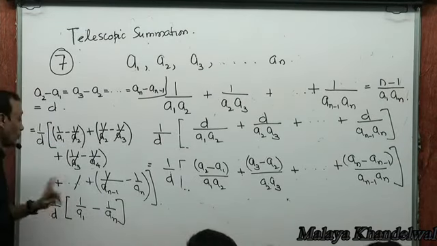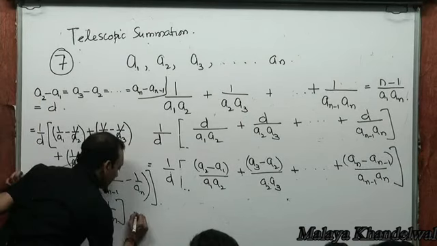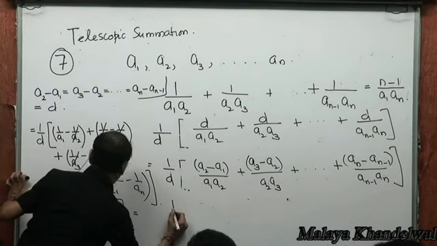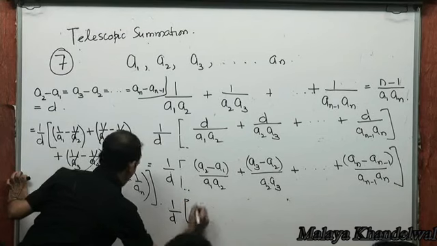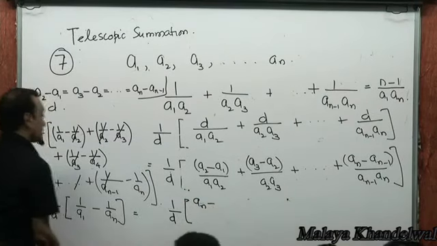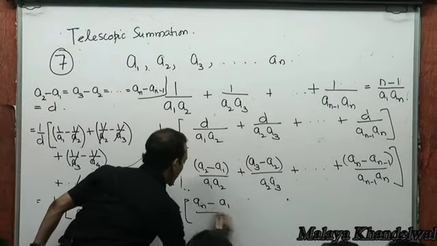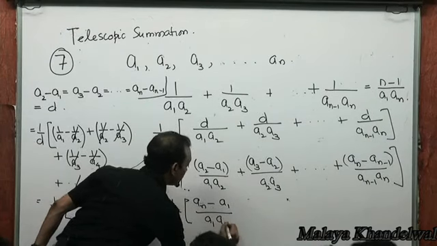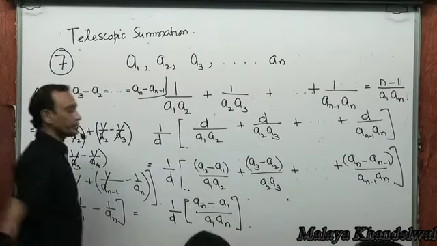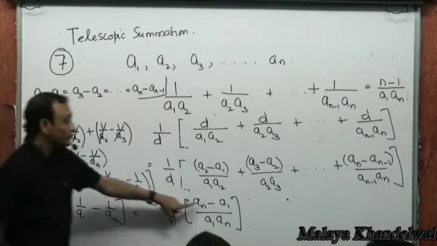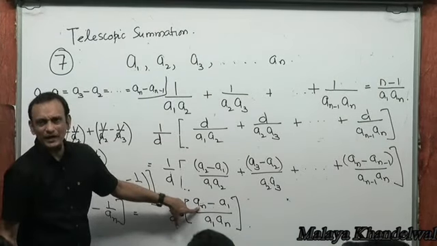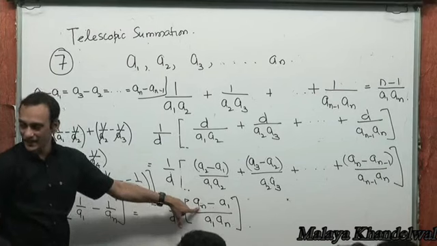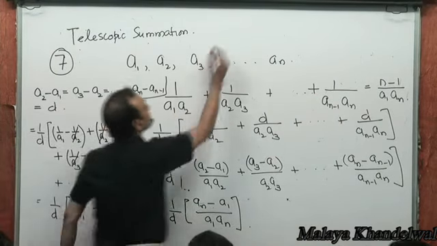1 by d into 1... Now, this I can write as 1 by d, (An minus A1) divided by A1 An. But An is A1 plus (n minus 1) into d, isn't it?